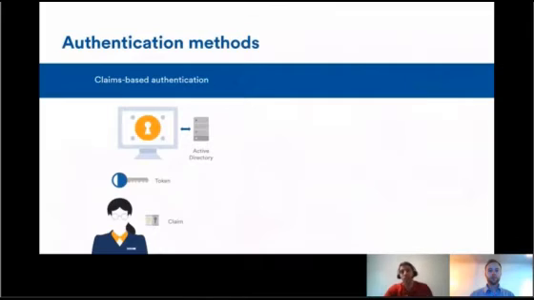Those claims are sent to the network and represent the identity of the person sending it. Now, this is useful in more decentralized systems where you don't necessarily have access to a database where usernames and passwords will be stored all the time for all entities.